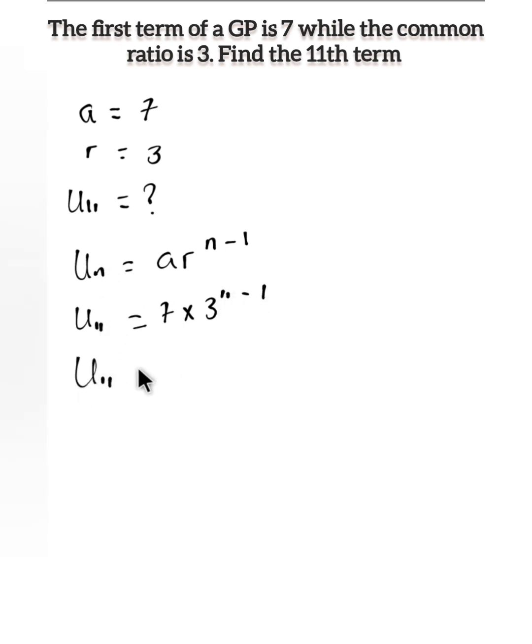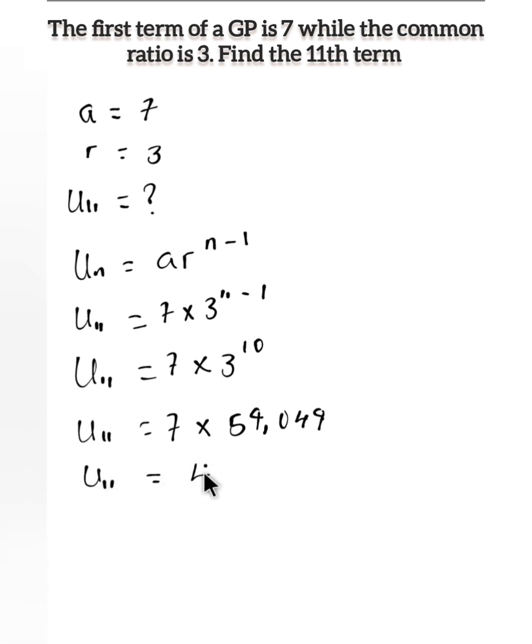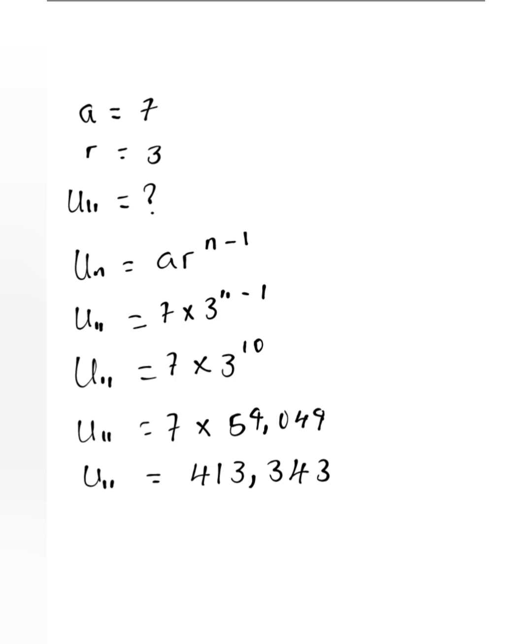So U11 is equal to 7 times 3 raised to power 10. 3 raised to power 10 is 59,049. And when we multiply 7 times this figure, we have 413,343. So this is the 11th term of the GP.